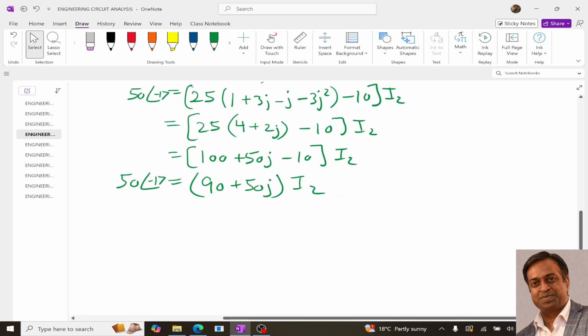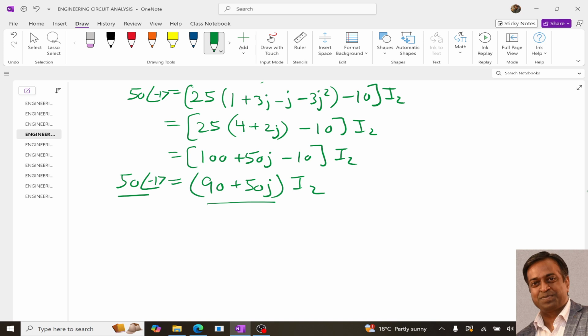And now to get the value of I2, what we can do, we can convert this into the polar form, right? So we can convert this into the polar form and then we can divide it with this. So we will get something as, just a minute, 5, okay, so 5. Just let me check if I have done all the things correctly.